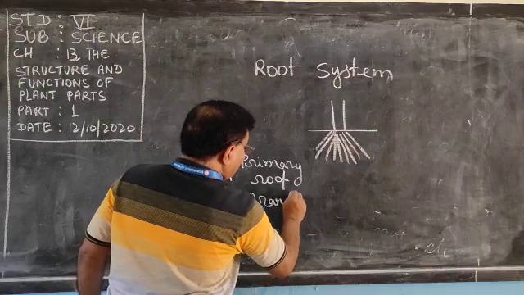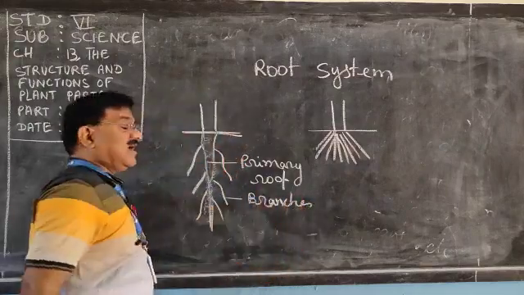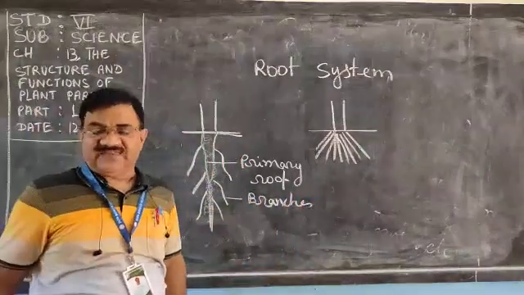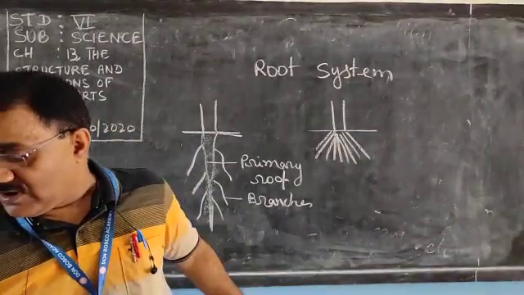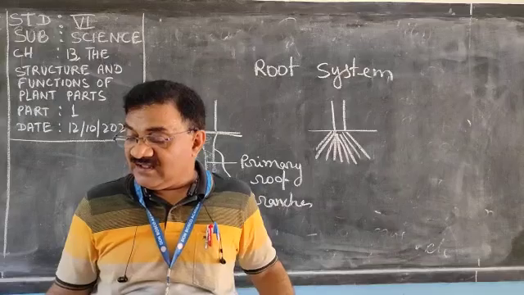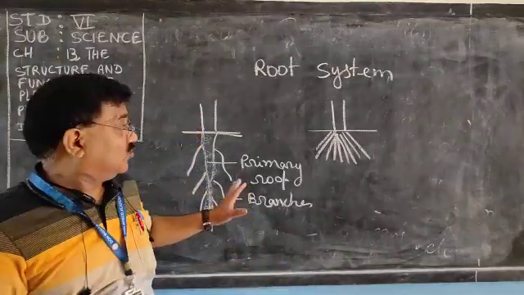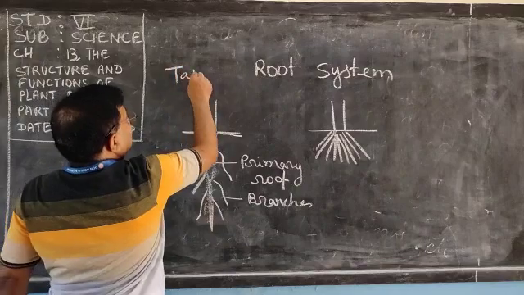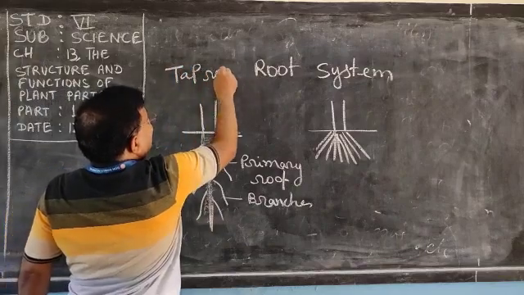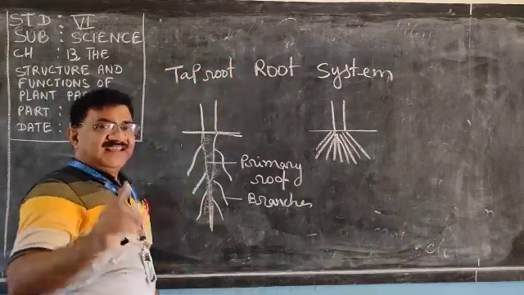If one main root, the primary root, is there, and its branches grow downward, that type of root system is called tap root. So what is tap root?